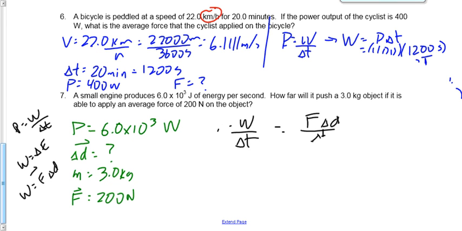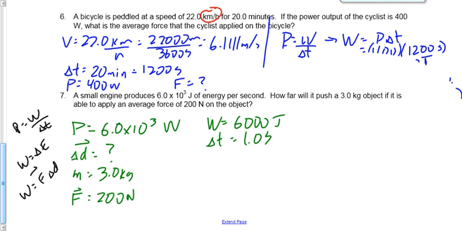So remember we had said when we first wrote down our givens here that we could write down power is 6,000 watts, or we could write down work is equal to 6,000 joules with a time of 1.0 seconds. I think that is what we're going to end up having to do there. Okay, we want to find work. F times D. We're going to say D is equal to W over F. All we're going to do is say 6,000 divided by 200, right?